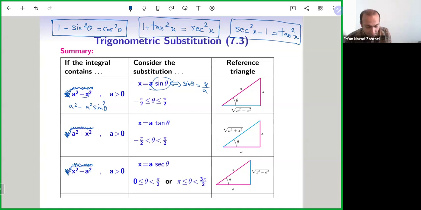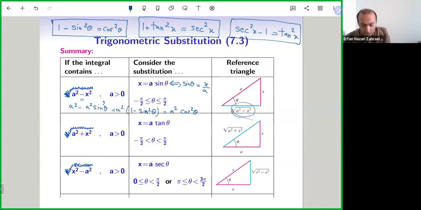I just replace x with a sine theta. Factoring a squared, you get 1 minus sine squared theta. That's why we did this substitution, to use this identity. And when you use that identity, you get a squared cos squared theta.